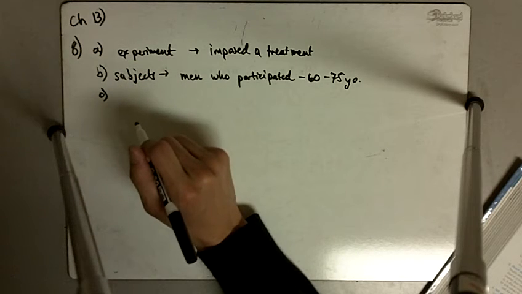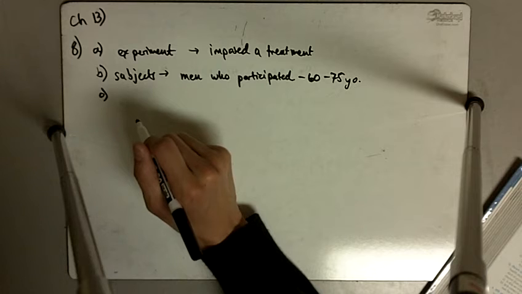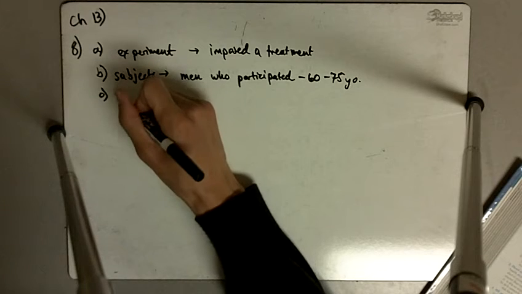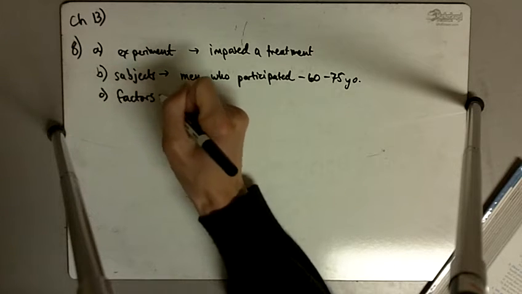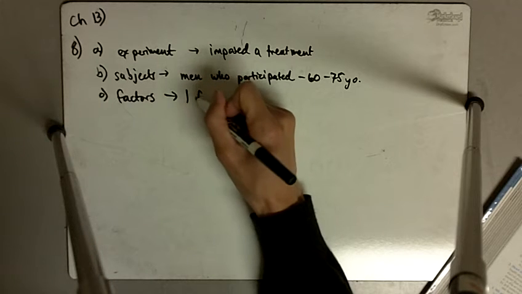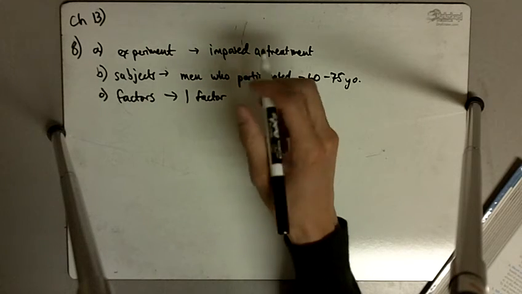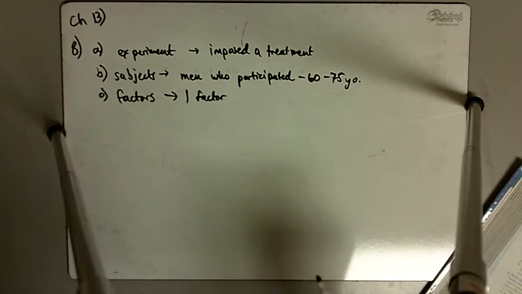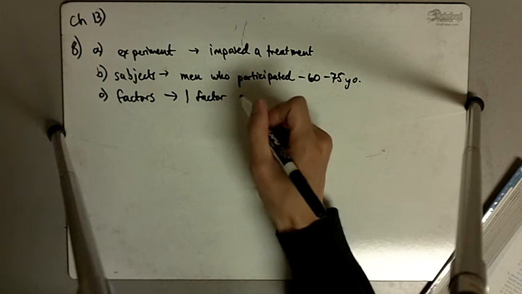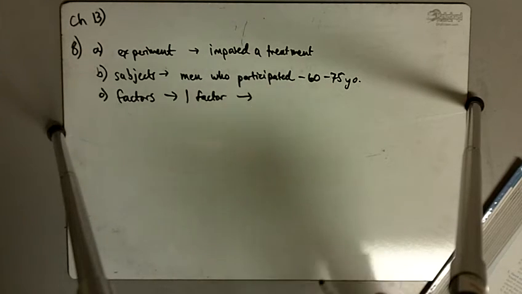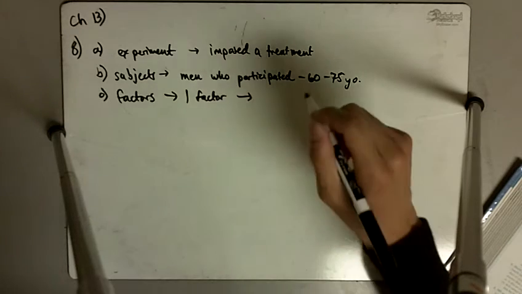C says the factor in the experiment and the number of levels for each. Okay, so in this case we only have one factor, and that is whether they participated in the training program or not. And actually we only have one level because we didn't have anyone who didn't participate in the program.